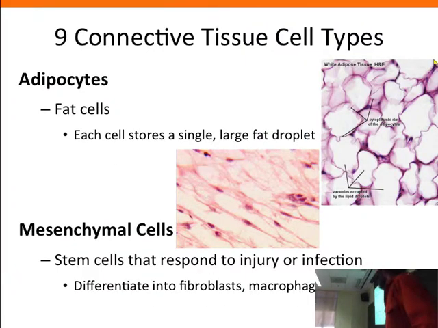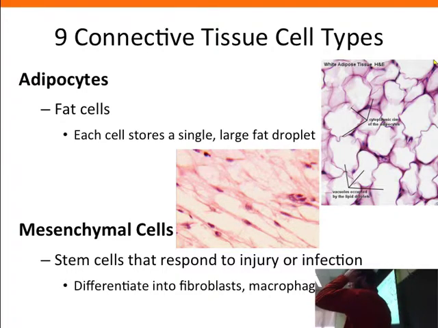Adipocytes, fat cells. Fat cells are essentially cells that are very little else besides a single, totally jam-packed vacuole of lipids, fat. All right, just big storage containers. Although they do have a role in the endocrine system.